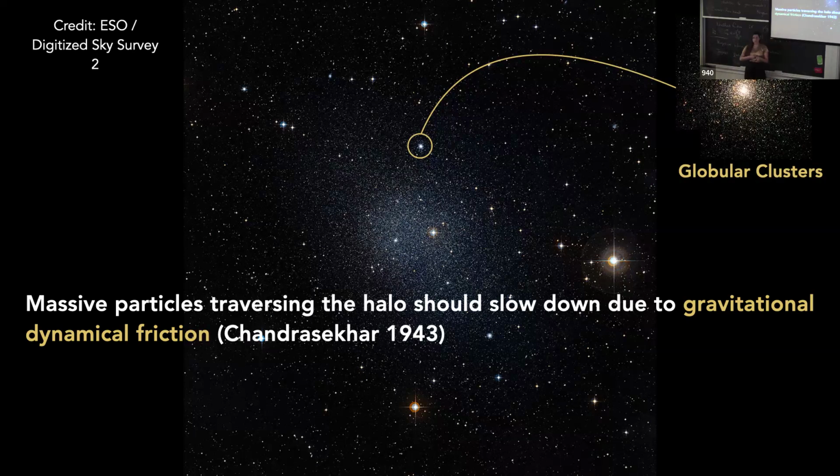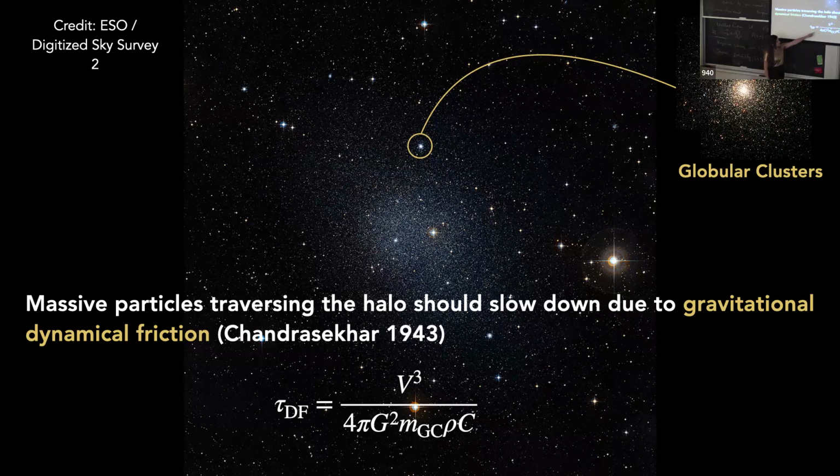They exchange energy and they slowly decelerate and spiral in, right? And then if you integrate over all of these little microscopic interactions, in the continuum limit, you can calculate the dynamical friction timescale, so how much time it's going to take them to decelerate and sink all the way to the center.